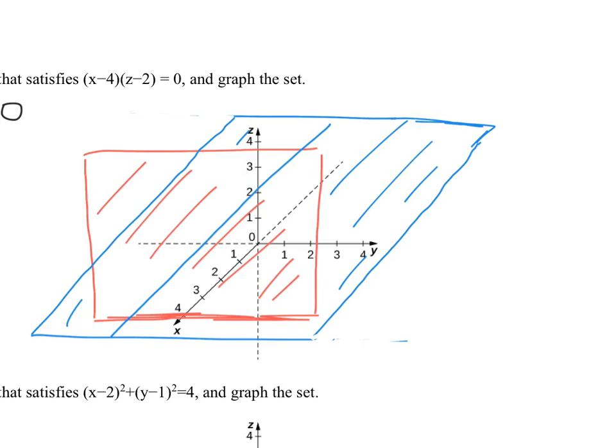But let's go to GeoGebra. A 3D graphing, and then we bring it up right there. So I could do x equals, what was it? x equals 4 is what it was. And then z equals 2.